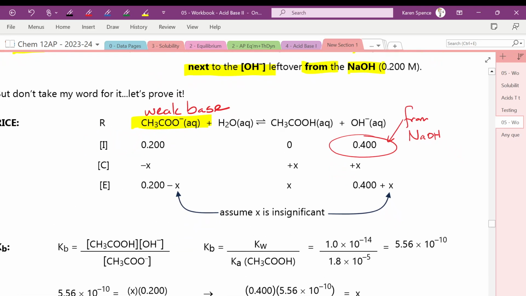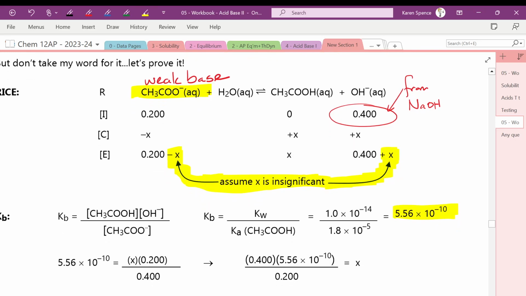Kb equals Kw over Ka. We get a value for Kb. I got lazy and did my assume x is insignificant up here, so I didn't need to write it down in my equation. So far, so good. Okay, so now I'm just plugging in, did I put my 0.2 and 0.4 in the wrong place?